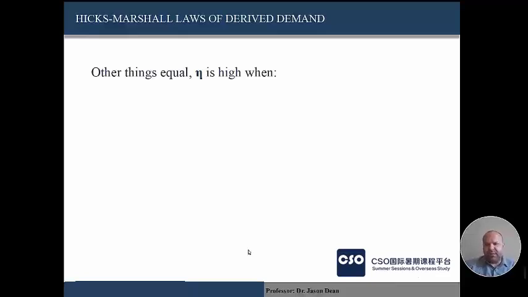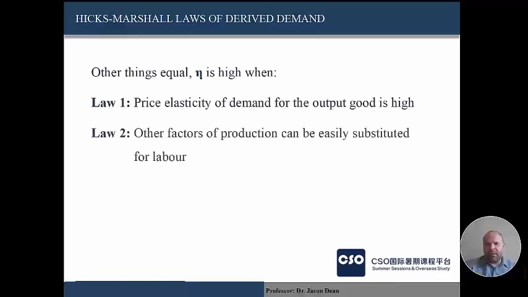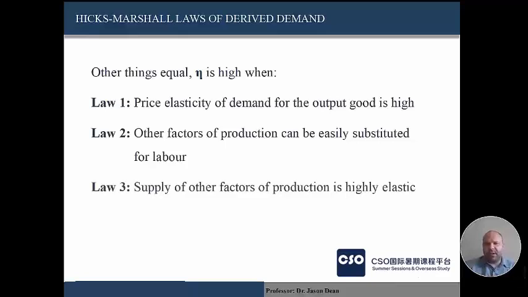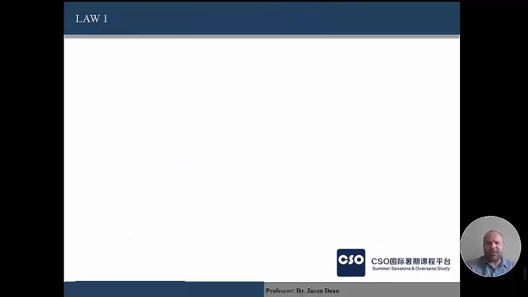Other things equal, eta, our elasticity of labor demand, is going to be high, so firms will be sensitive to changes in wages, when: 1, the price elasticity of demand for the output good is high; 2, other factors of production can be easily substituted for labor; 3, the supply of other factors of production is highly elastic; and 4, the cost of employing labor is a large share of total production costs. Let's look at these in more detail.